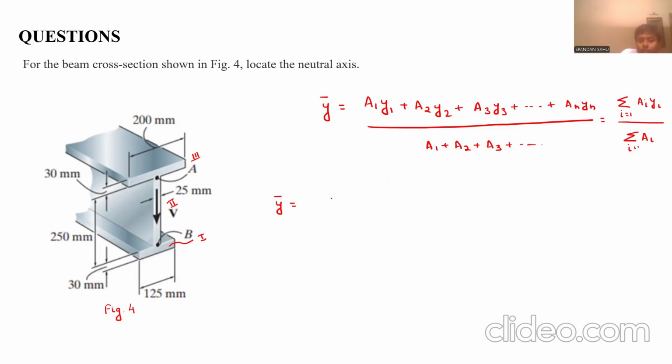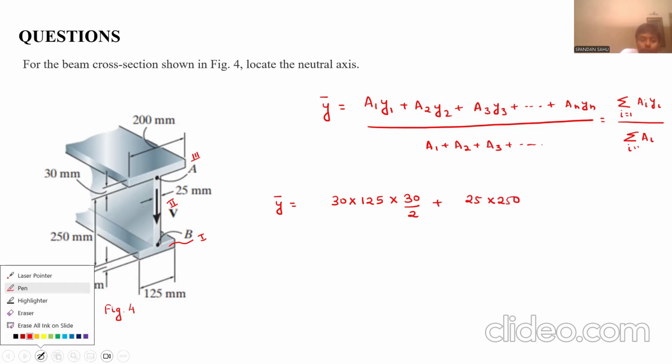It will be 30 into 125, and with respect to the reference axis, the bottom of the bottom flange, where will the centroid be located? It will be located at 30 by 2. Then what will be A2? It will be 25 into 250.